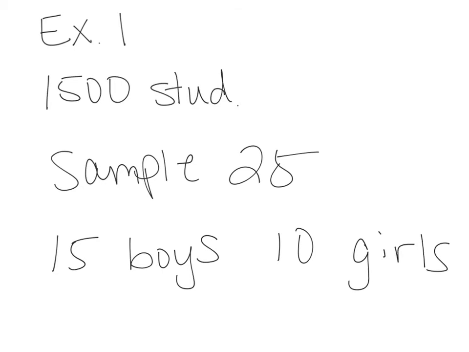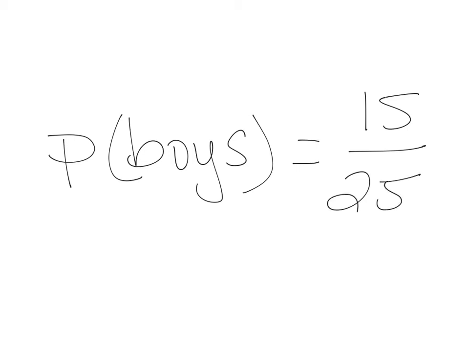From this information, determine what's the probability of you pulling out boys in your sample size. What did you get for your answer? If you did it correctly, it should have looked something like this. The probability of boys is equal to 15 over 25. Did you get that?